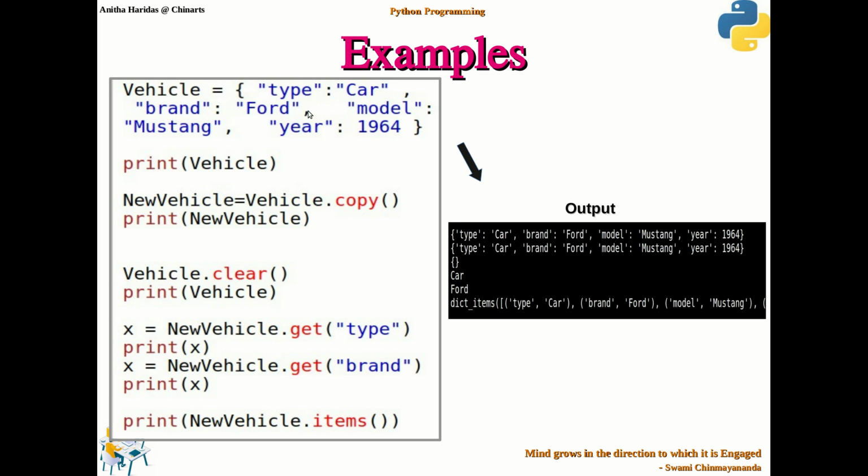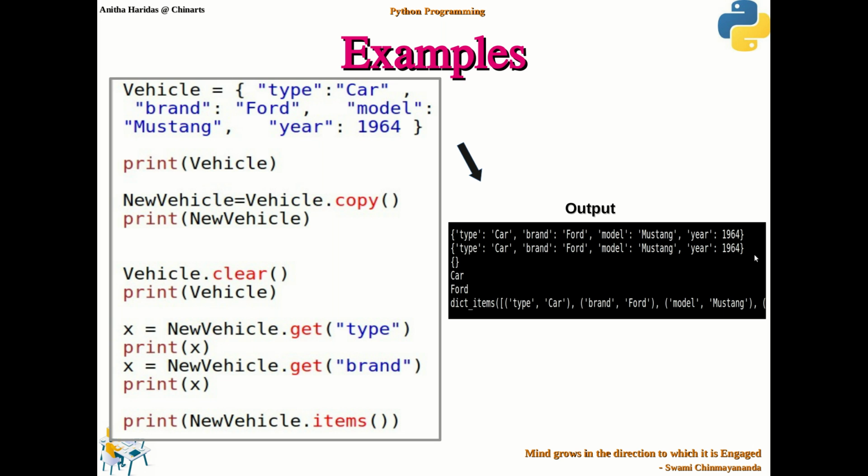Yeah, so this is another example you can observe. Vehicle is the dictionary we have declared. I am printing vehicle. So when I print vehicle, it is printing the dictionary with key value pairs, right? As I have declared, it is displaying the vehicle dictionary. I tried copying vehicle to new vehicle and I am printing new vehicle.